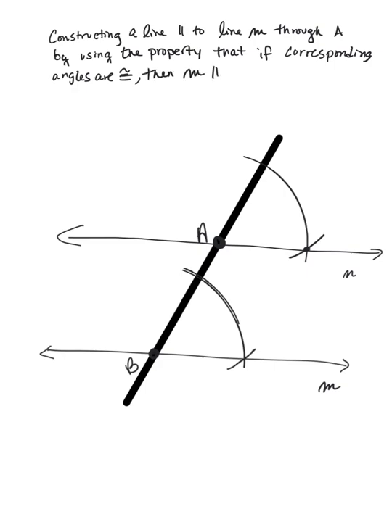Line M is parallel to line N. Okay, so that's just another construction. You can choose either way. I prefer the rhombus method, but a lot of people do prefer the corresponding angle congruent method.